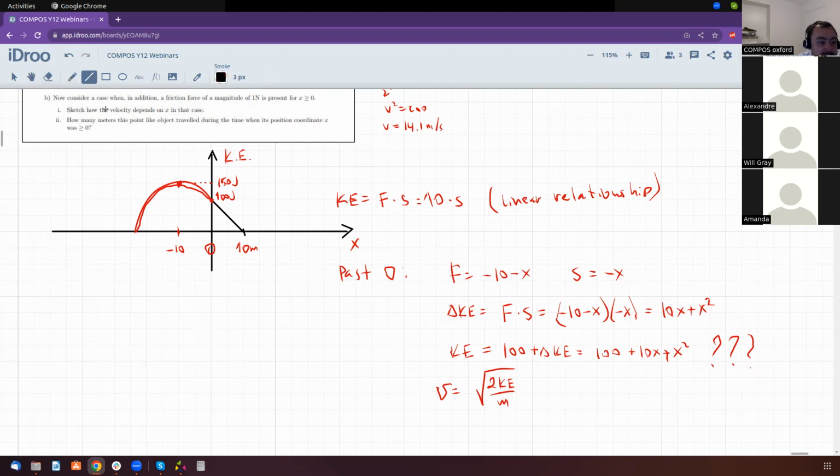And I'm just going to tell you that the graph will look like this. It's going to be very similar to kinetic energy, just slightly different. So minus 10, 10.